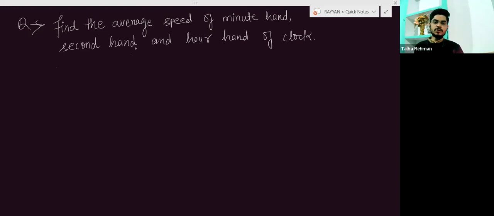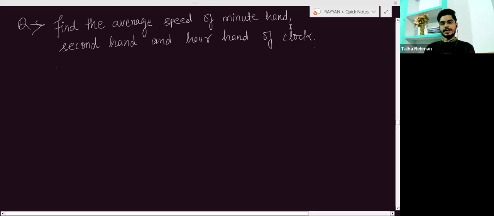Find the average speed of number 1 minute hand, number 2 second hand, and number 3 hour hand of the clock. Have you seen the clock? We have to find the average speed of the minute hand of the clock.